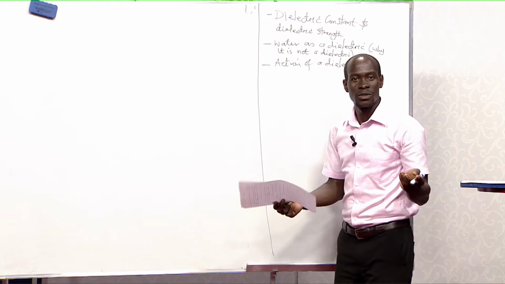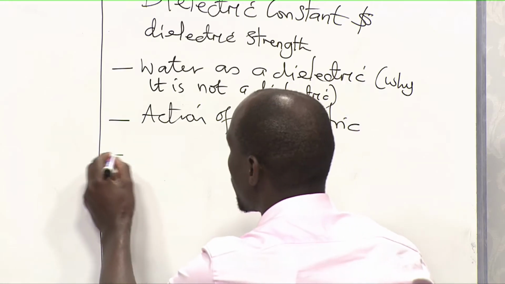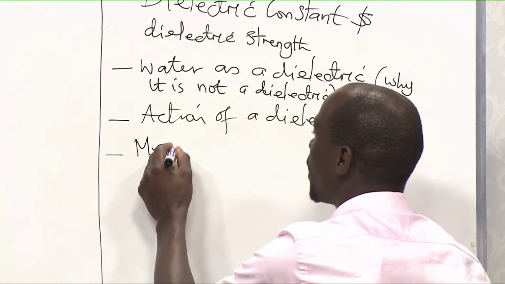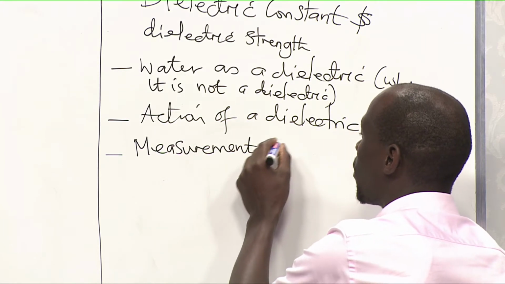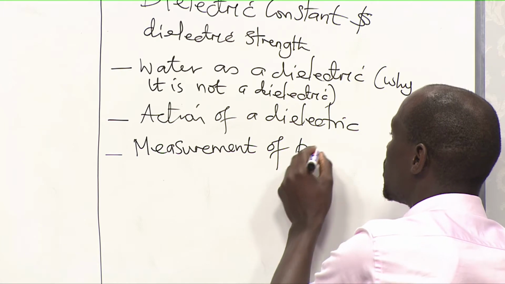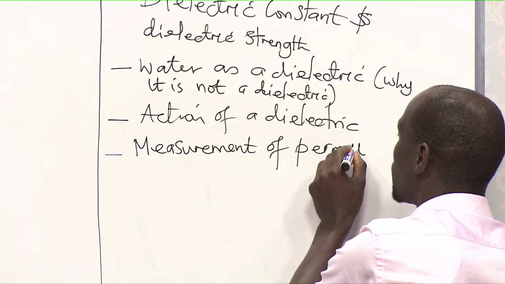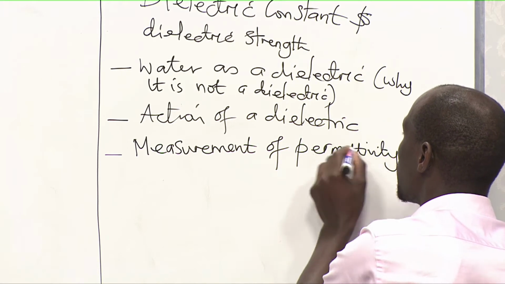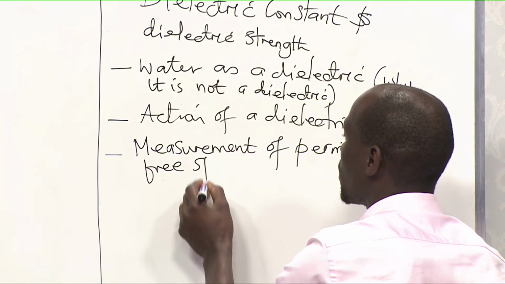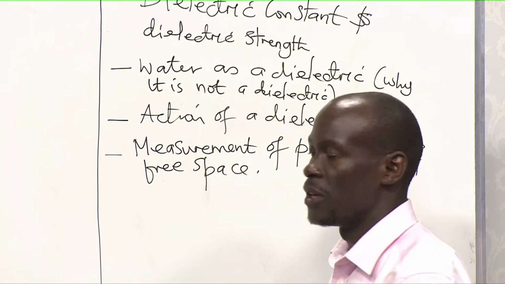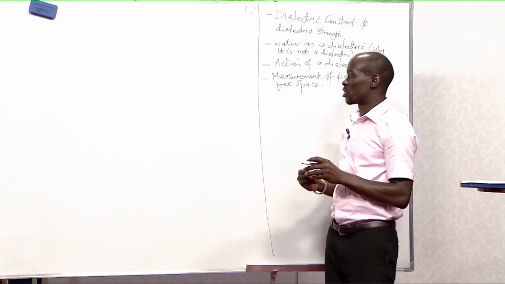If the time allows, we shall look at how we can measure the permittivity of free space. So these are our lesson objectives.